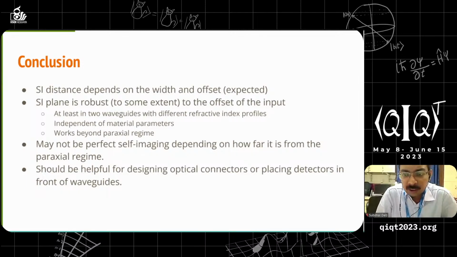It might also become very useful if one is placing detectors in front of these guiding channels. So it would be good to know where one would expect the photons to end up, and precisely that kind of a setup was used with the ring core waveguides.